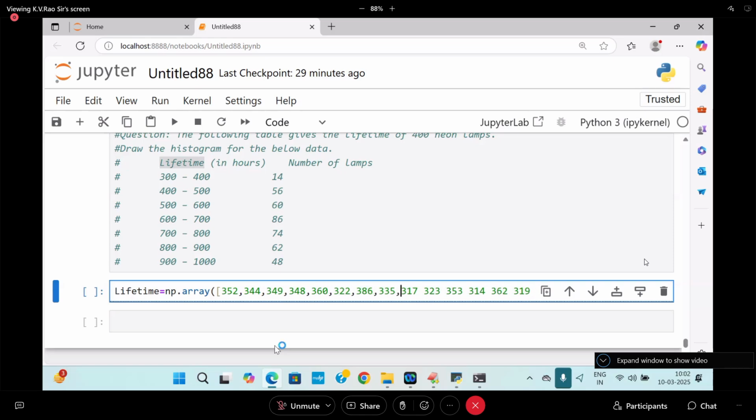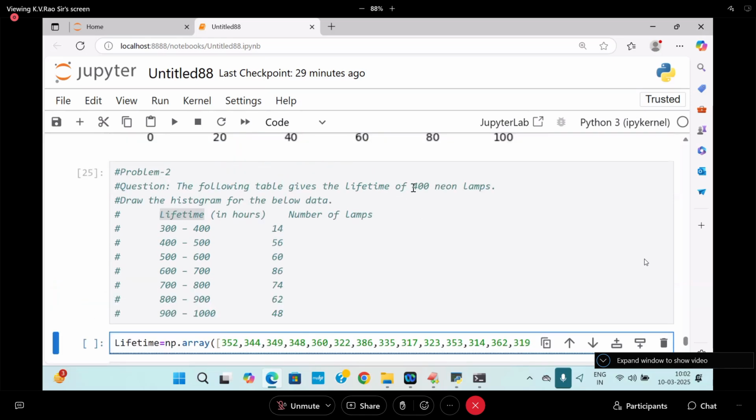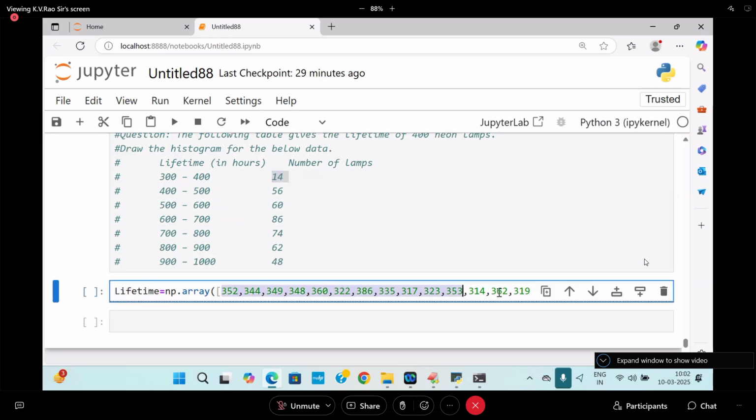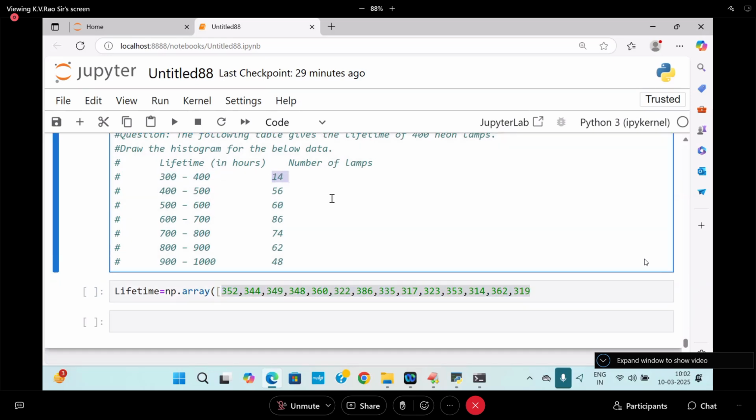First of all, you are not getting me, correct? These are the values of the first lifetime of lamps. Totally, how many neon lamps are there? 400. With different intervals, I am generating different interval values. This comes under what values? 300 to 400, 14 values I am getting.